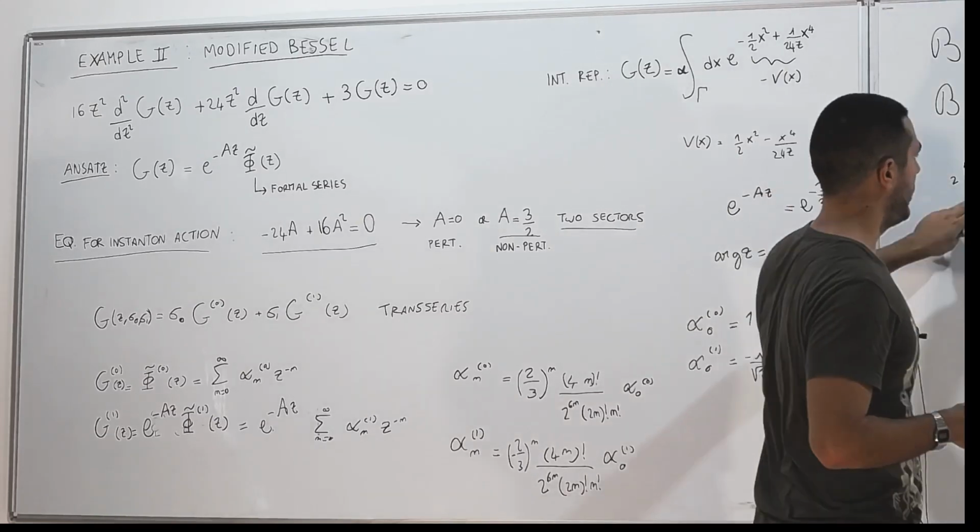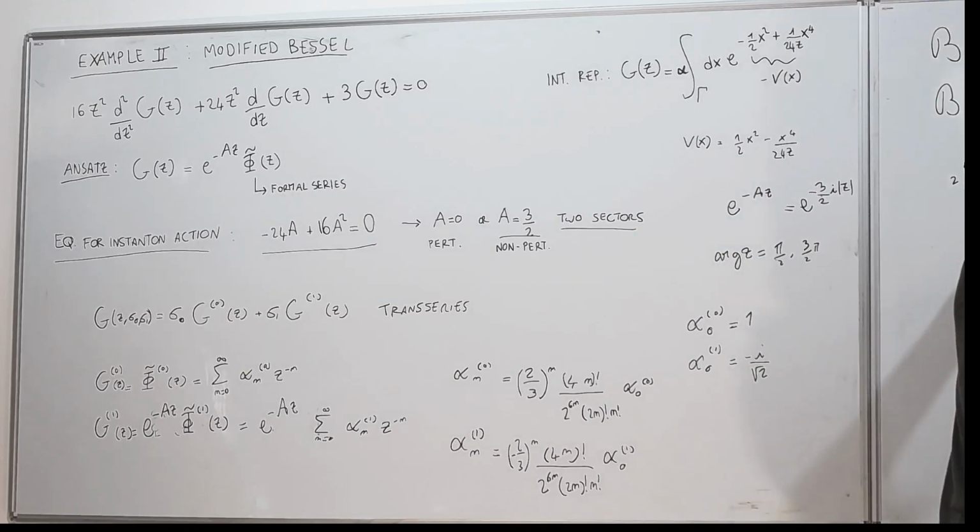This kind of hypergeometric has a singularity at z equals 1. Therefore, this one has a singularity at s equals 3/2. This one has minus 3/2.